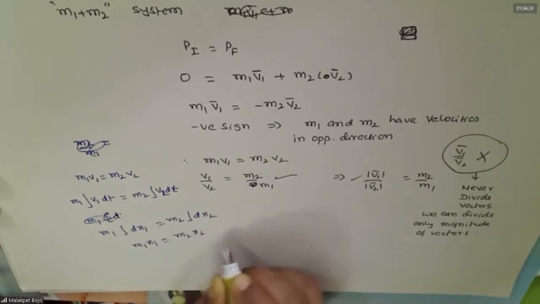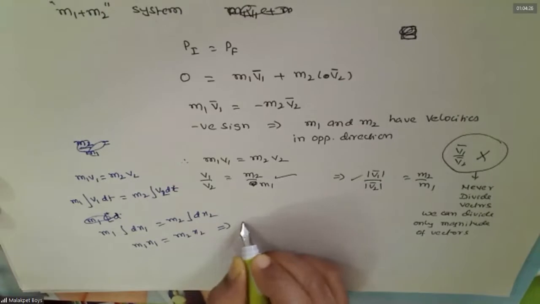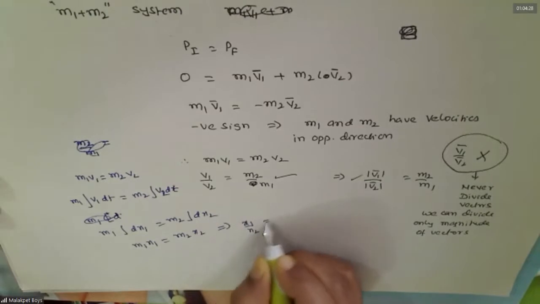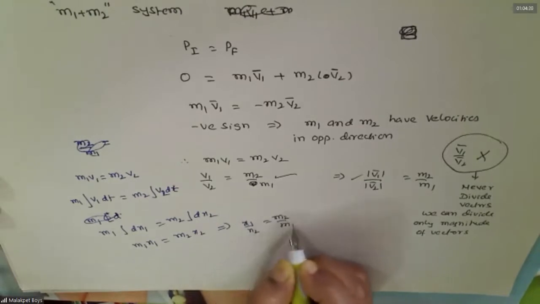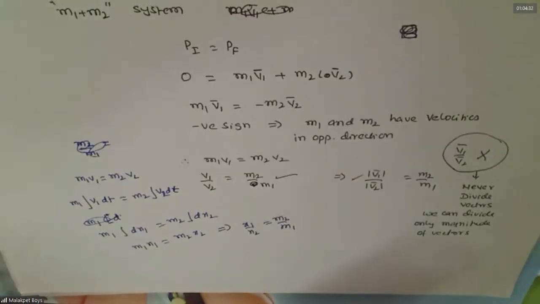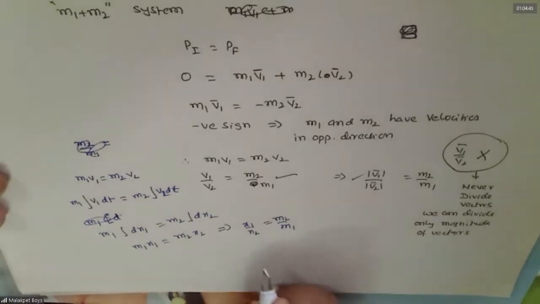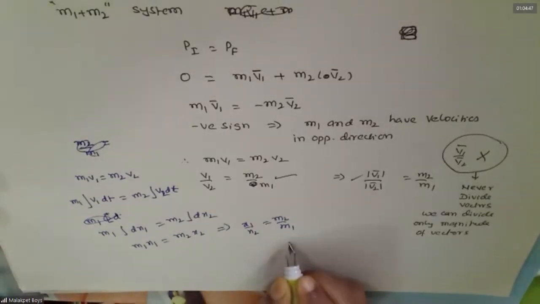Okay, now what has he asked? The ratio between displacements. Understood this? Understood. One more is asked, sir: the ratio between accelerations. See, what is the force on each one?